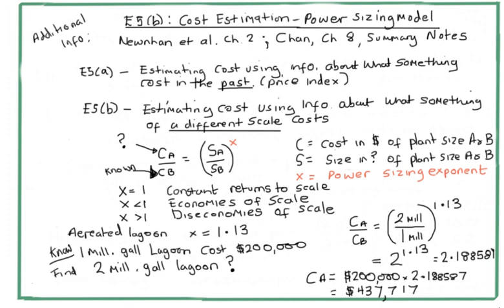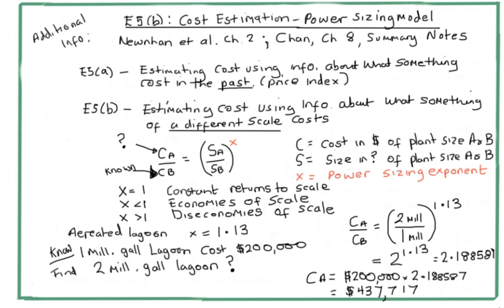You would be given the power sizing exponent, so it's conceptually very simple. The possible wrinkle if you were doing a question like this is it might turn out that the question says we put in the original aerated lagoon in 2005, and then now we're trying to build a bigger one in 2015.